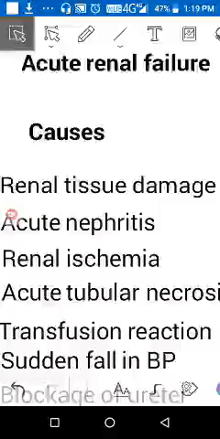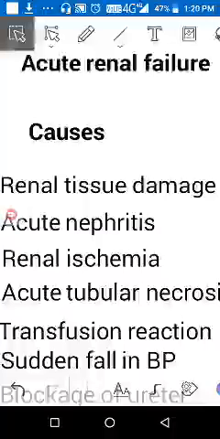If the tissues of the kidney suddenly get damaged, the nephrons, the tubules or renal corpuscles, any part of the nephrons, what happens? The nephrons can be dysfunctional, so the kidney cannot do its function properly, right?